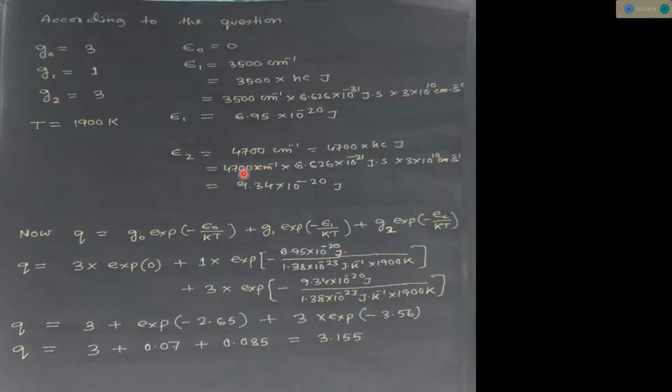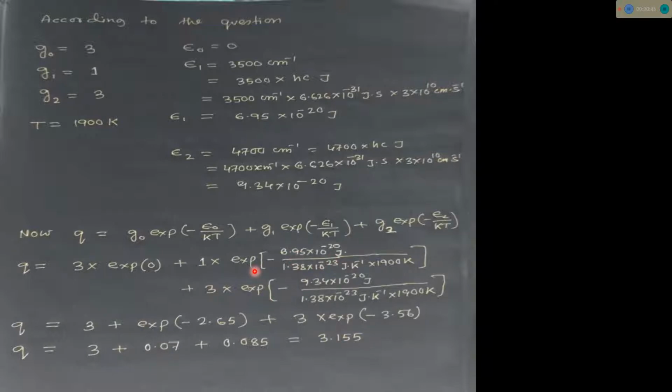Here, see, centimeter inverse, velocity of light centimeter per second, but if we put h as joule second, then we will obtain a joule unit. We have to put the K value, the Boltzmann constant, in joule per Kelvin, then we will get a unitless quantity.